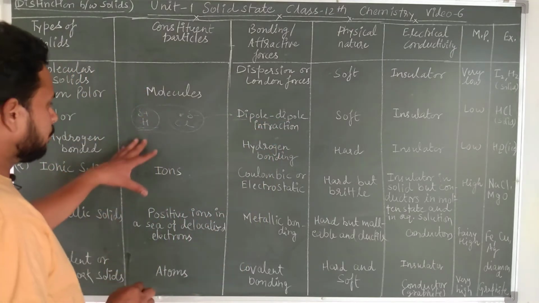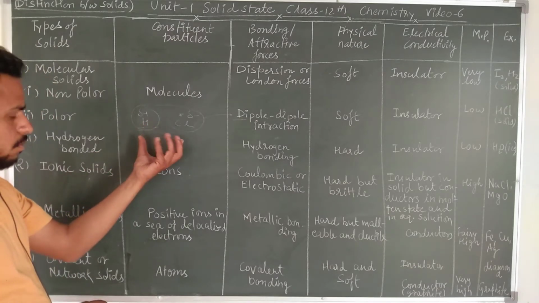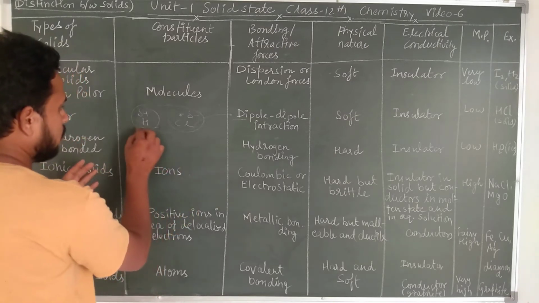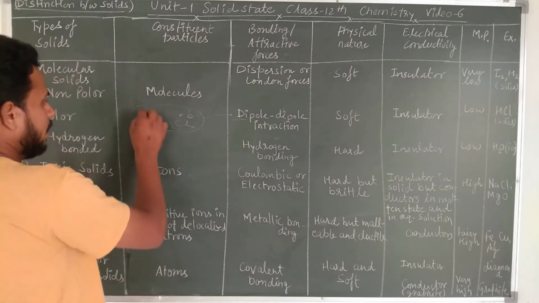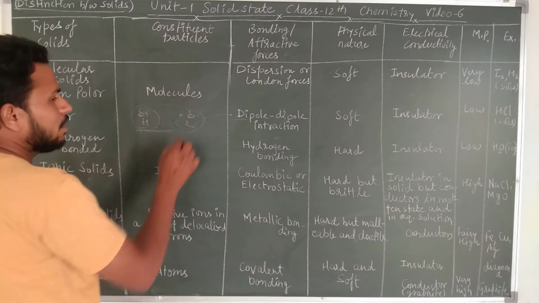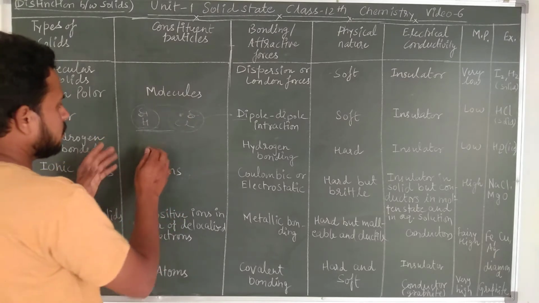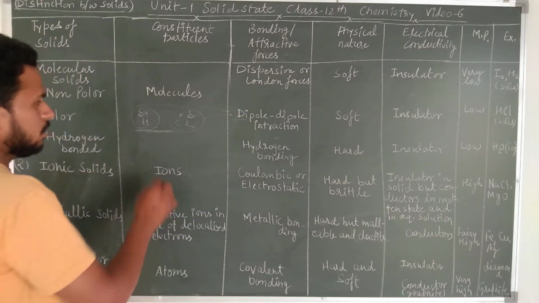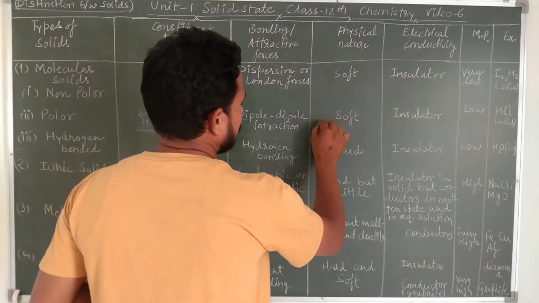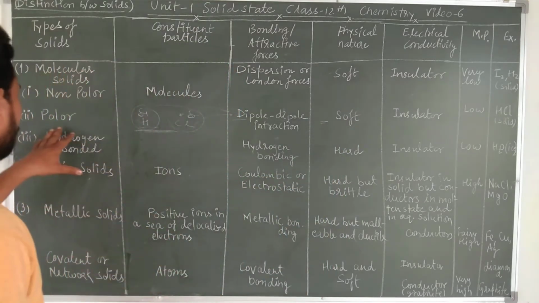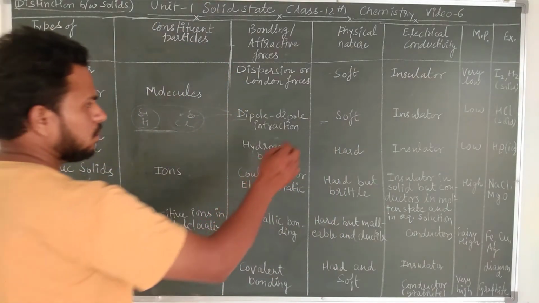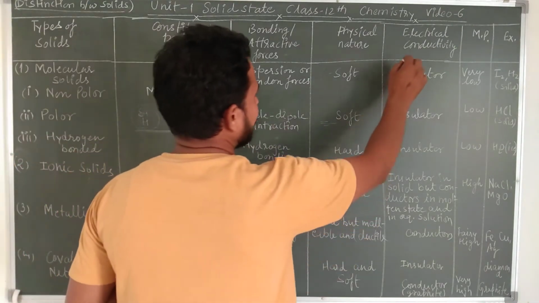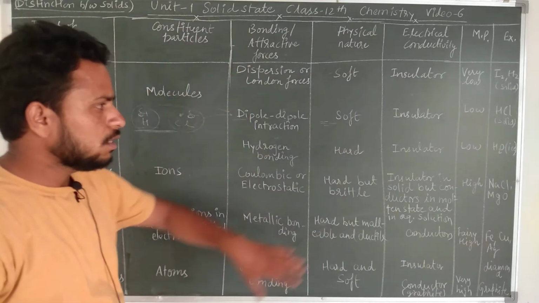If two atoms bind with each other and an electronegativity difference exists, a dipole interaction is created. If we talk about physical nature, they are also soft. If we talk about electrical conductivity, they are also insulators.